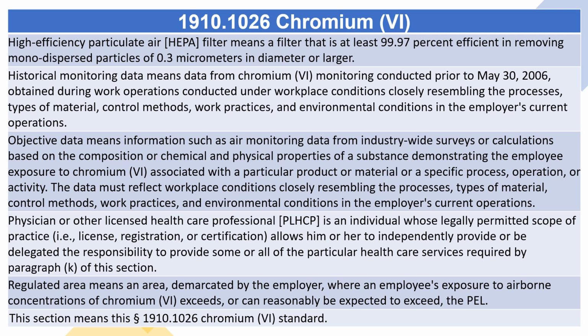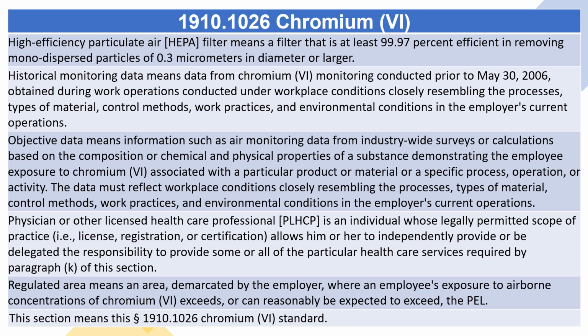Historical monitoring data means data from chromium (VI) monitoring conducted prior to May 30, 2006, obtained during work operations conducted under workplace conditions closely resembling the processes, types of material, control methods, work practices, and environmental conditions in the employer's current operations.